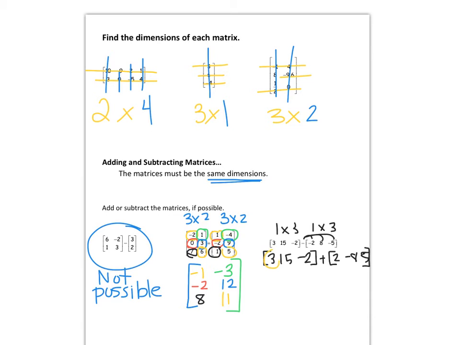So the 3 will add with the 2, and we'll get a 5. The 15 will add with the negative 8, and we'll get a 7. The negative 2 will add with the 5, and we'll get a 3. So make sure you distribute that negative, as we have done in the polynomial chapter and in our rational expressions chapter that we just finished.